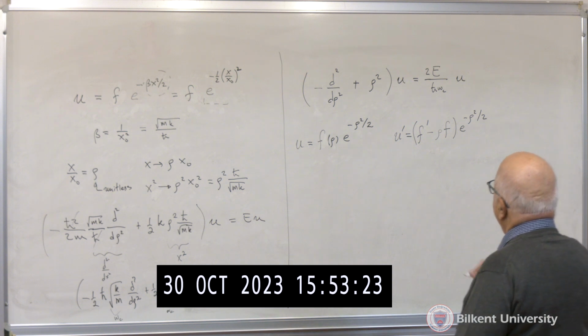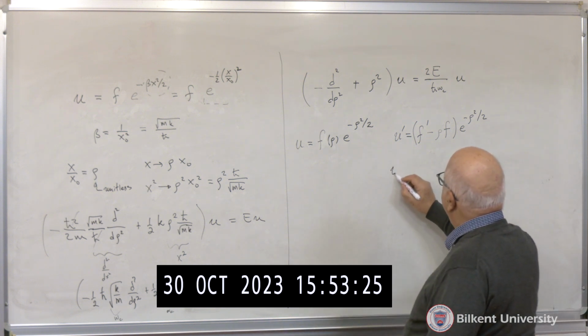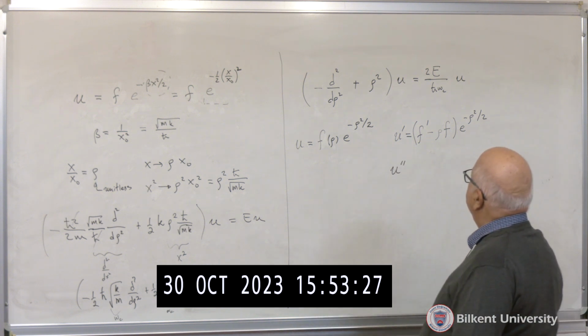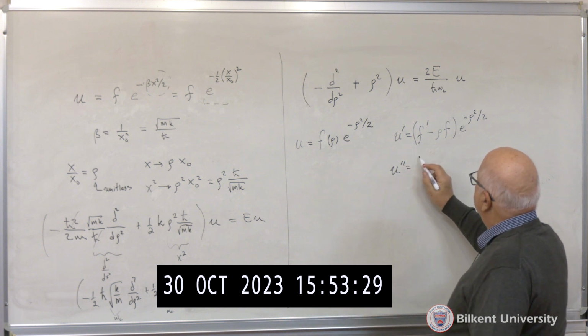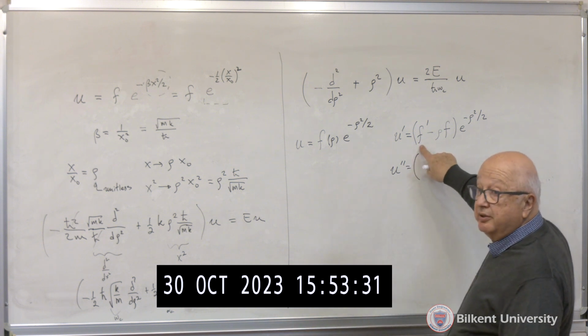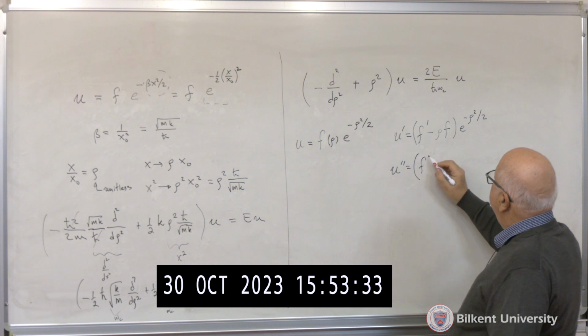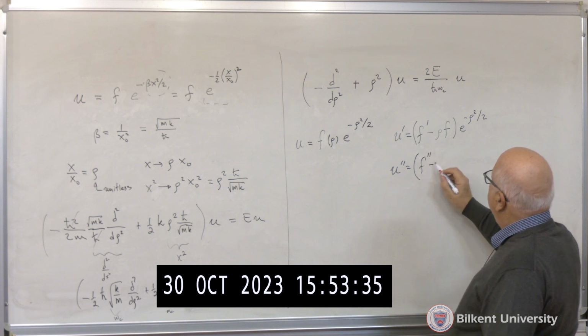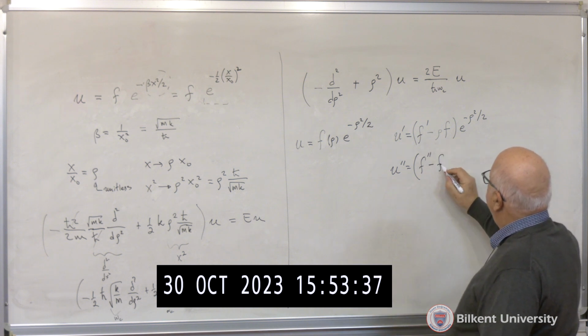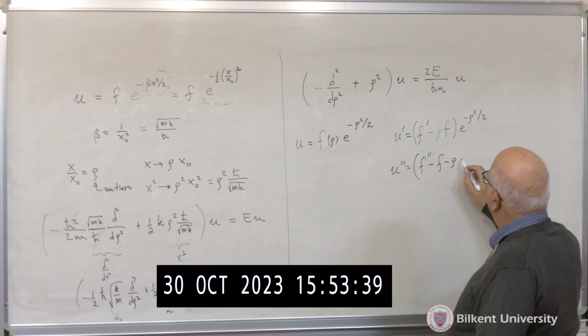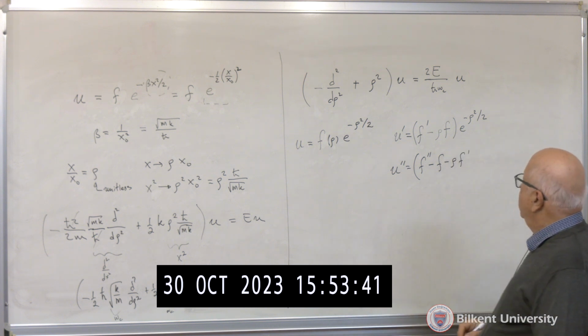What about the second derivative? U second derivative. So now I have to differentiate this, which gives me f double prime minus f minus rho f prime.